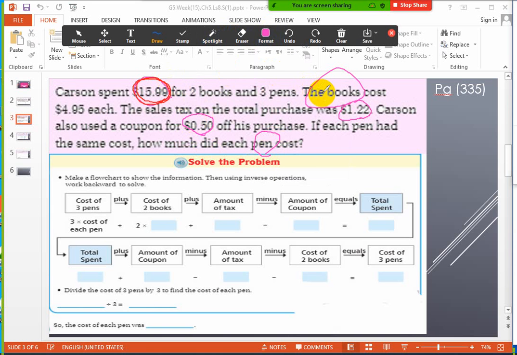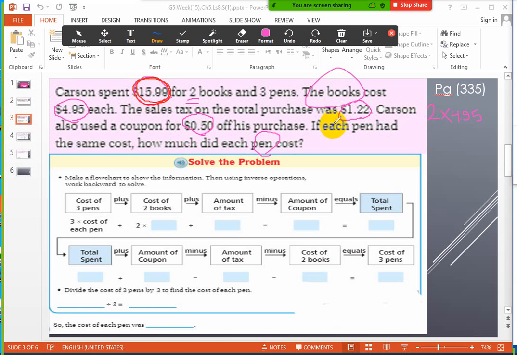So, girls, this amount of money was spent for books, for pens, for tax, and there is a discount. I have to take it apart. So the books cost $4.95 for each book. How many books do I have? I have 2 books, right? That means the cost for those 2 books is 2 multiplied by 4.95, because each one costs 4.95. So I have to multiply it by 2 because Carson bought 2 books.